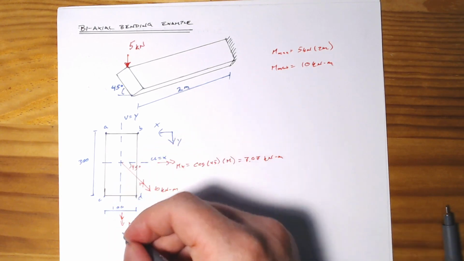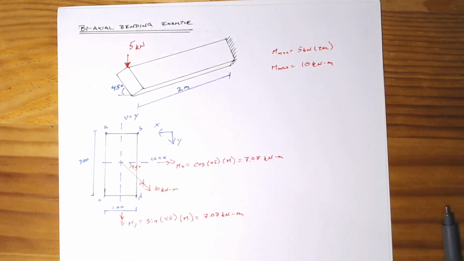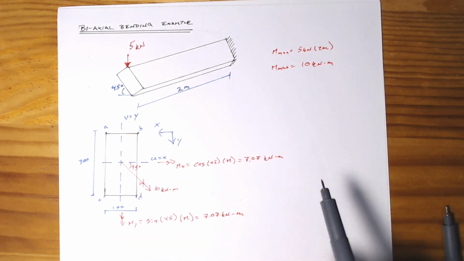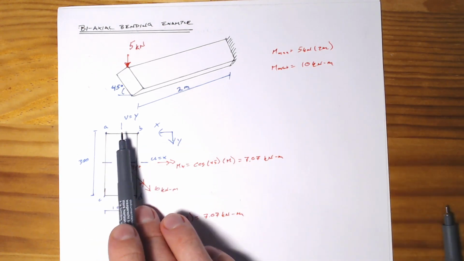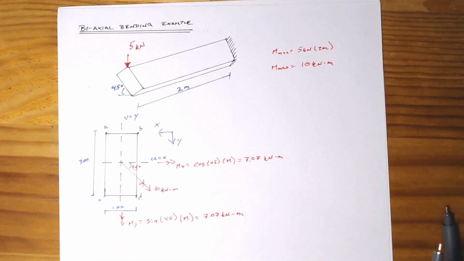All we're doing is taking this resultant moment and breaking it out into its components. Now this is a problem which we've seen before, where we have a cross-section which has principal axes and has bending about both of them.